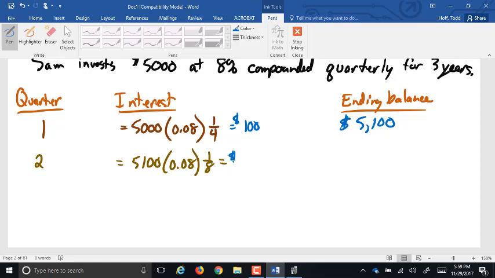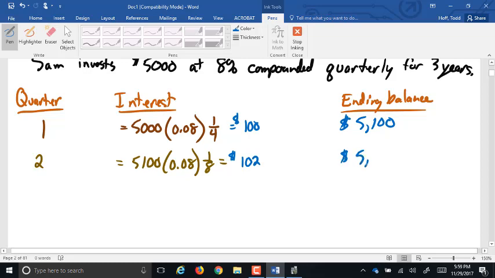What'd you get? $102. Perfect. So you get $5,202 as your ending balance, right?